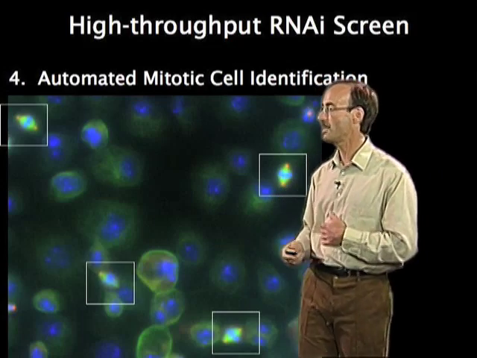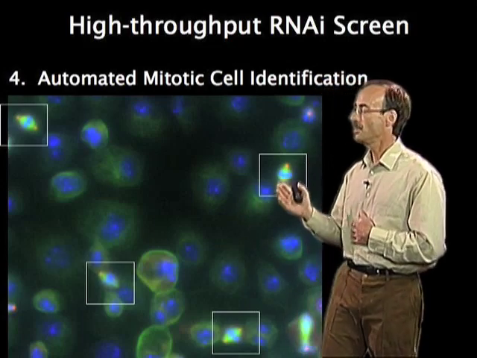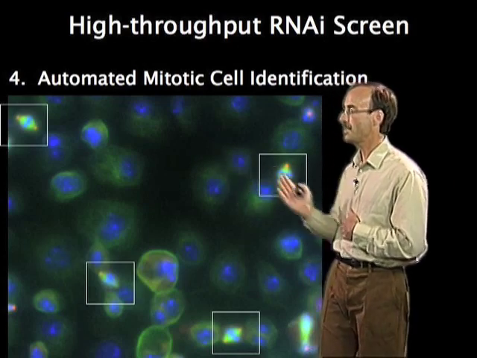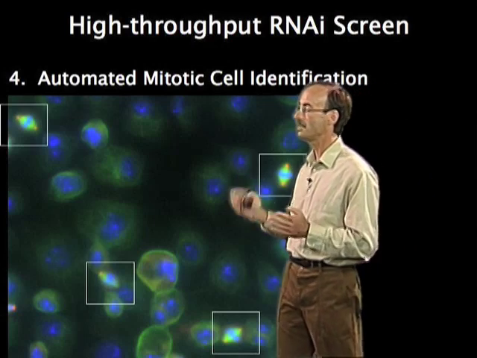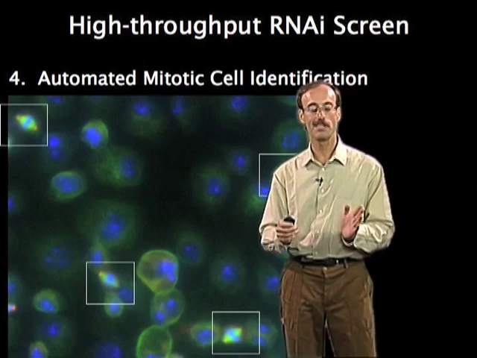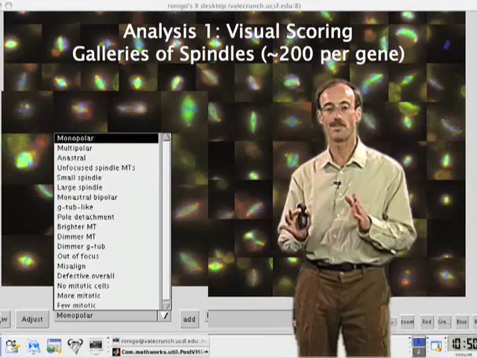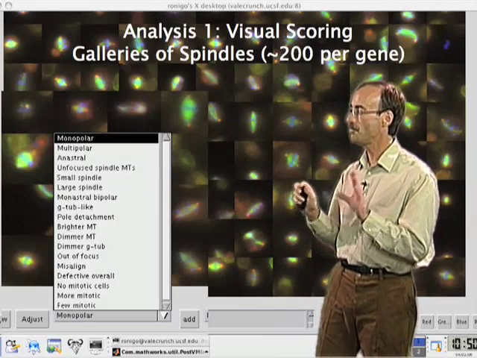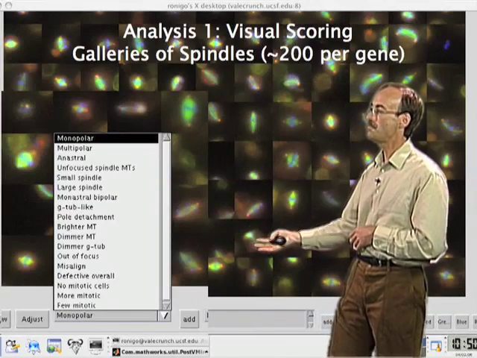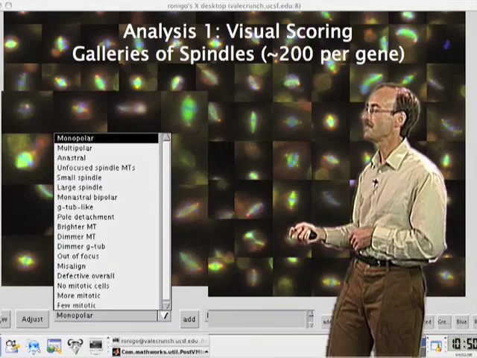And this was code written by Roy Woolman, who wrote MATLAB code to find these mitotic spindles automatically in these images. And after the computer found these images, we did two things with them. First of all, this computer code arrayed all these mitotic spindles into this big gallery that you see here.